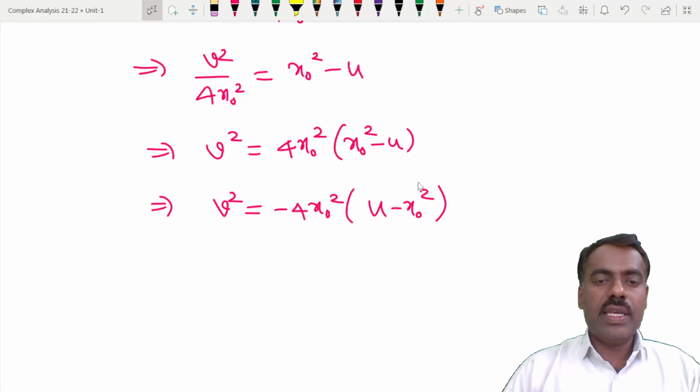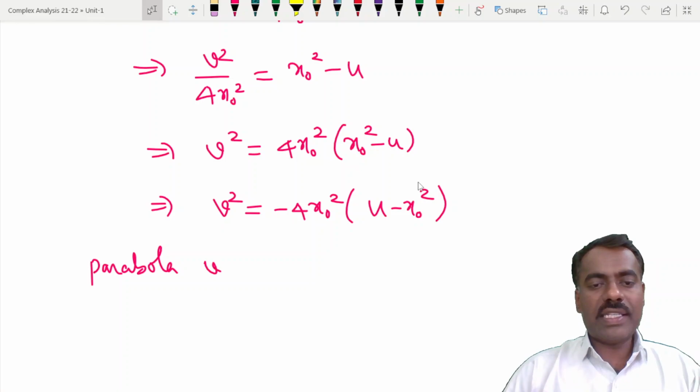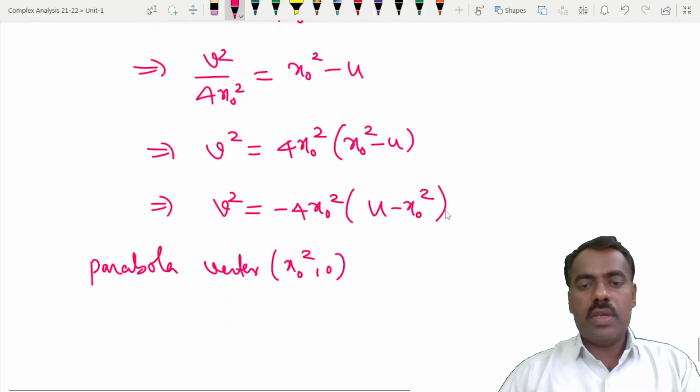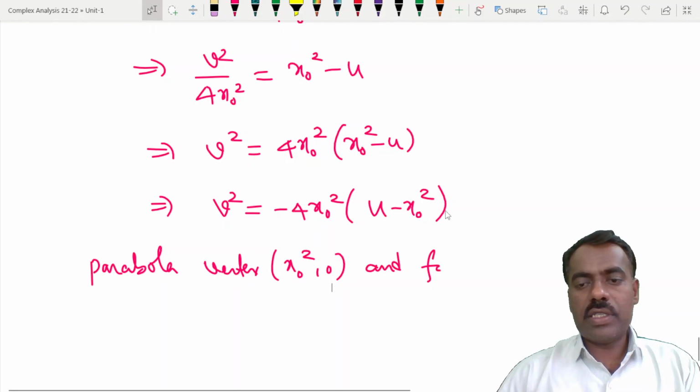Then this is clearly a parabola with vertex x naught square comma 0, and focus at the origin.